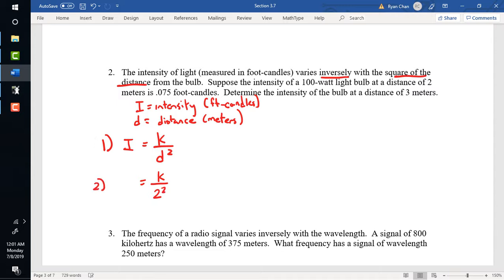And then my intensity is going to be 0.075. Be really careful. This 100 light bulb is actually irrelevant. It doesn't represent either of our two letters. So I have K over 4.